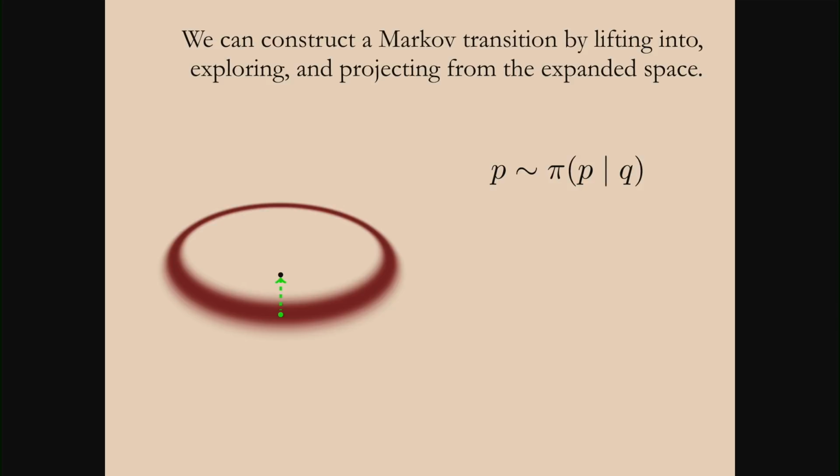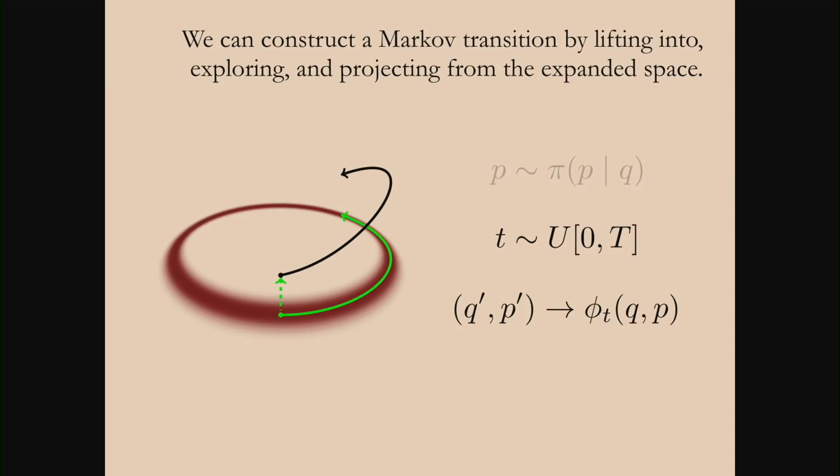Once I'm there, I can follow Hamilton's equations for some amount of time, in fact, a random amount of time, if I really want to maximize my statistical performance. So I choose a time randomly and integrate for that amount of time. And the magic here is because we chose our joint density to be a conditional of p given q and then q, at any time, if we throw the momenta away, we fall back into the typical set of our target.